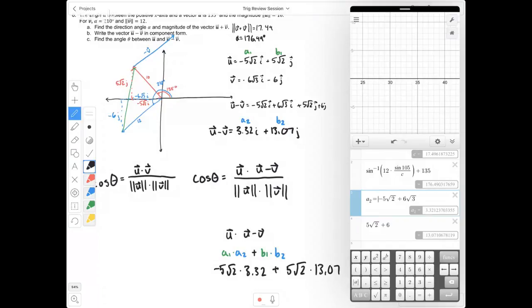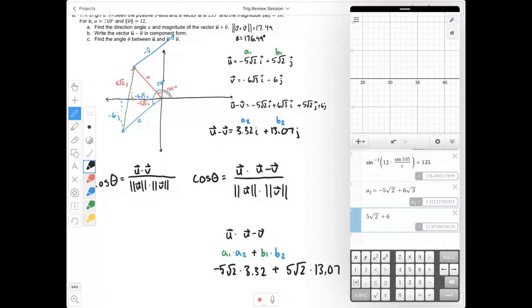So let's figure out what that is. 13.07, that's b2.